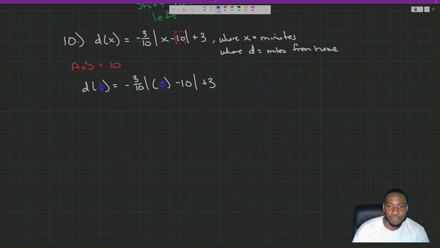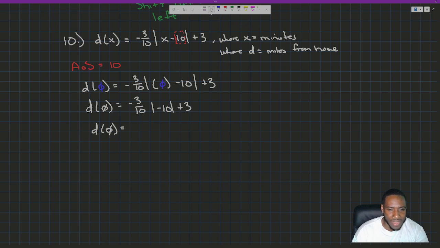All right. So let's go ahead and simplify. d of 0 is equal to negative 3 over 10. 0 minus 10 is negative 10. And so we have the absolute value of negative 10 plus 3. All right. The absolute value of negative 10 is just 10, right? Because negative 10 is 10 spaces away from 0 on the number line.